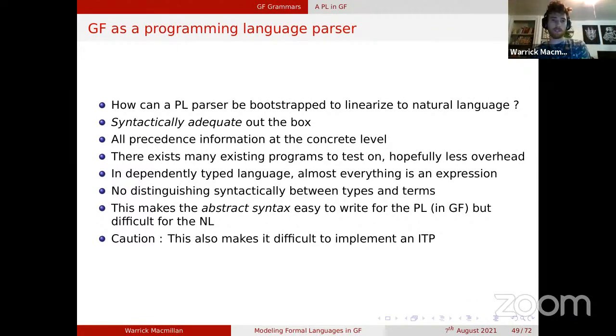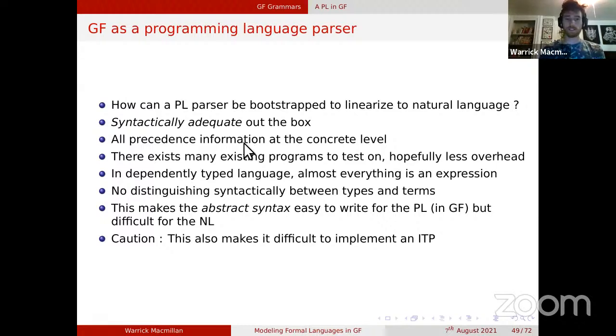So let's just say the last grammar is the perspective that we just want to use GF as a programming language parser. In the same way that you write a parser for any programming language, just use GF as that tool. And the only question is, how do you do that such that it linearizes to natural language in a semantically meaningful way? Because you're taking the PL perspective, it's already syntactically adequate if you're basing it off a real programming language.